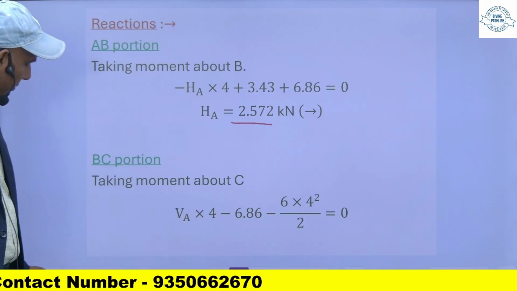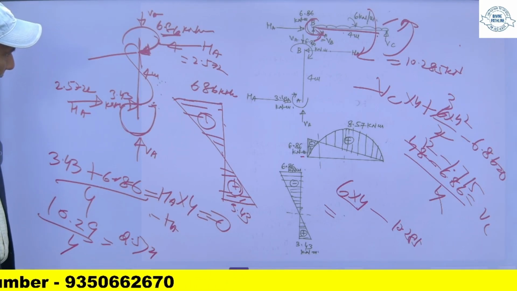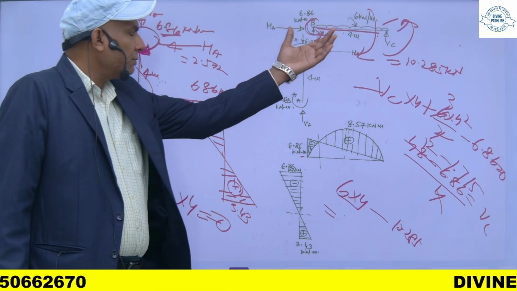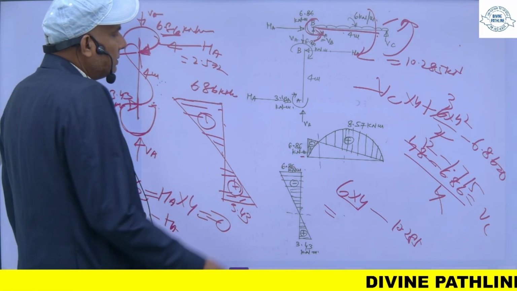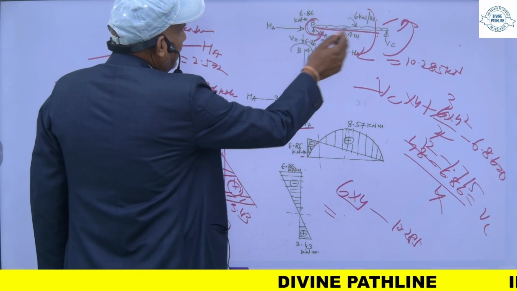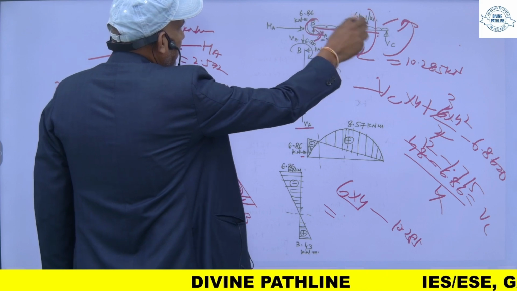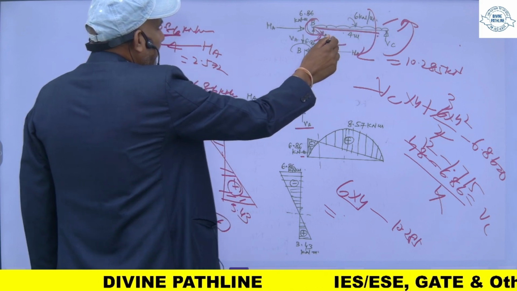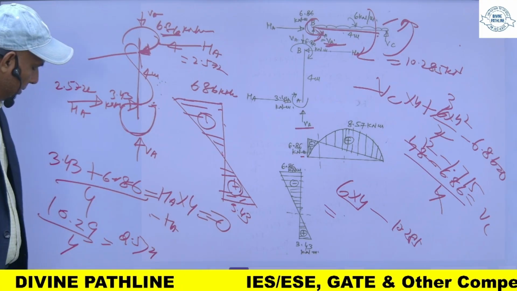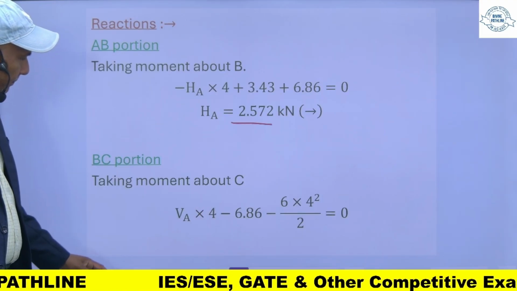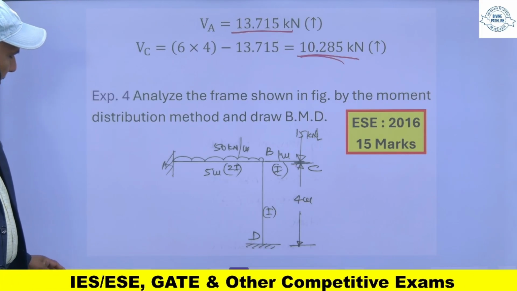Or we can find it this way also, if I separate this beam, then VA is equal to VB, so VB into this and this moment, taking moment, from this side we can find VB. So now these are the reactions.